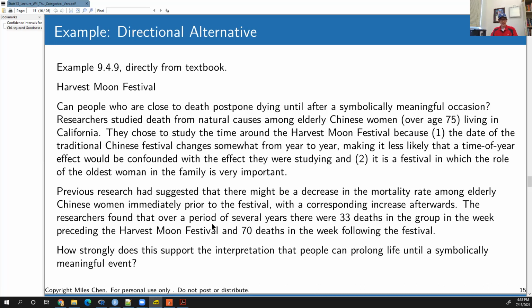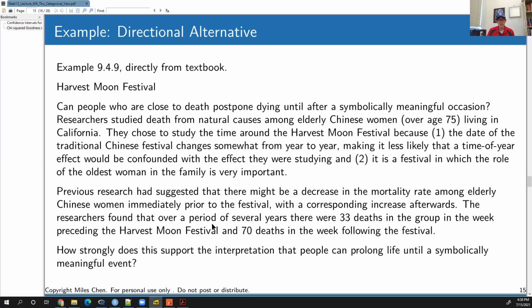They chose to study the time around the Harvest Moon Festival because, one, the date of the traditional Chinese festival changes somewhat from year to year, making it less likely that a time of year effect would be confounded with the effect they were studying. And two, it is a festival in which the role of the oldest woman in the family is very important. Previous research had suggested there might be a decrease in the mortality rate among elderly Chinese women immediately prior to the festival, with a corresponding increase afterwards.